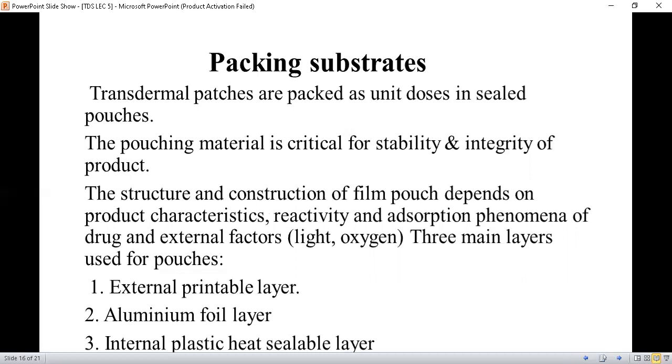Three main layers are used for pouches. Transdermal patches, which we discussed in the previous lecture, are packed in pouches made up of an external printable layer, an aluminum foil layer, and an internal plastic heat sealable layer. These are the components of the pouching used for the storage of the transdermal drug delivery system.